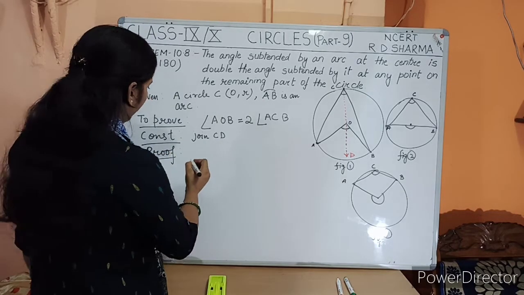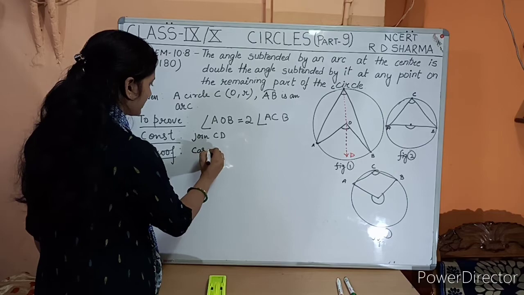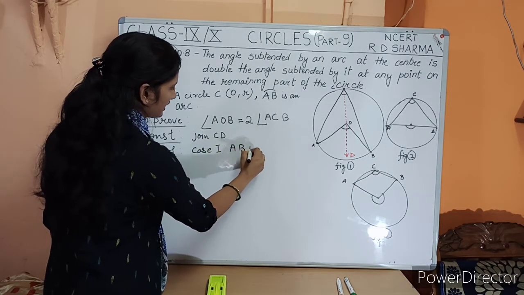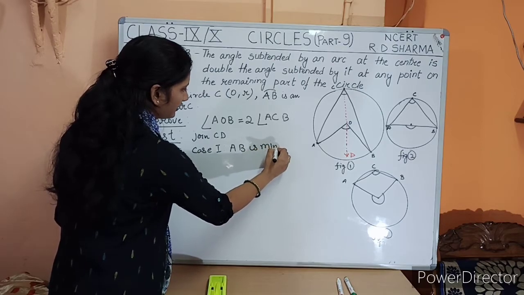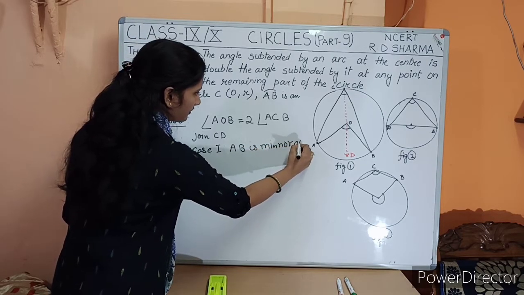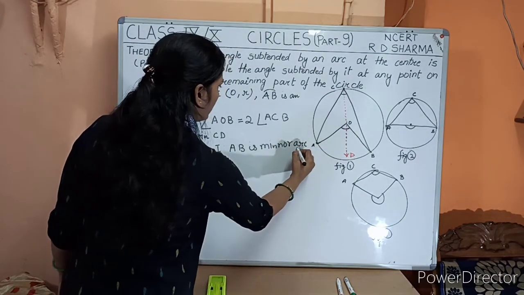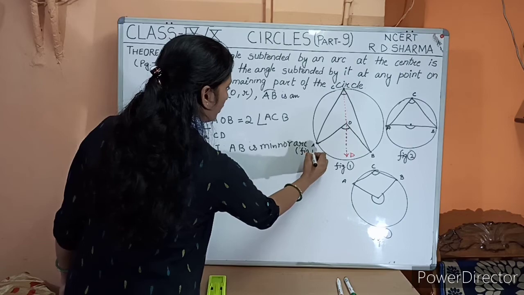In the proof we are having three cases. The first case is when AB is a minor arc. It is represented in figure 1.